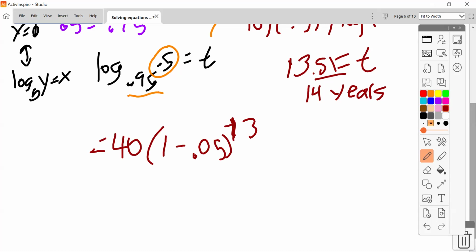0.95 to the 13th power, 40 out in front. What is A? If you calculate that, that is going to be 0.95 to the 13th power times 40.